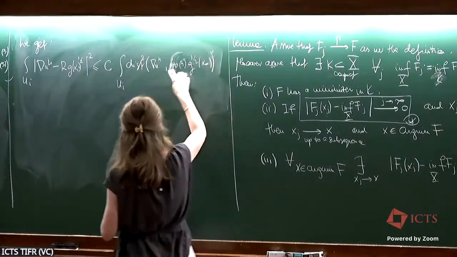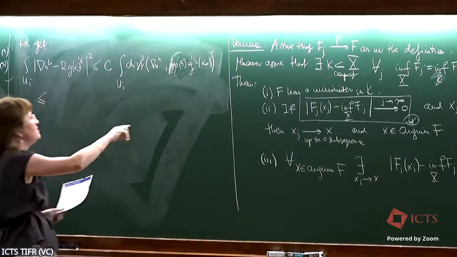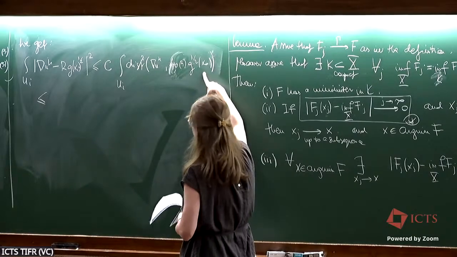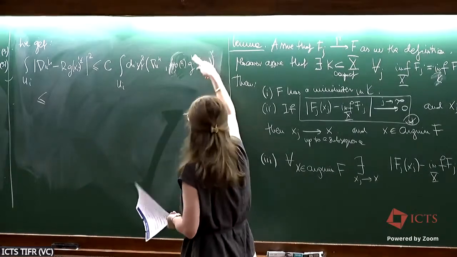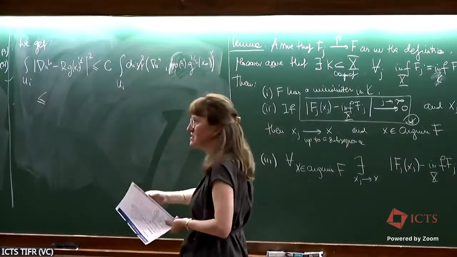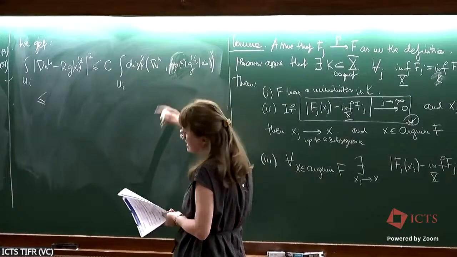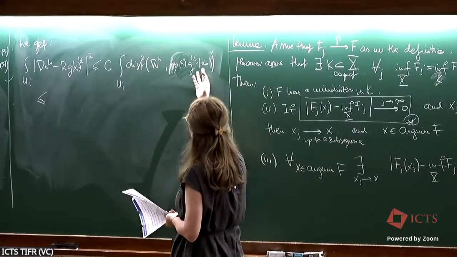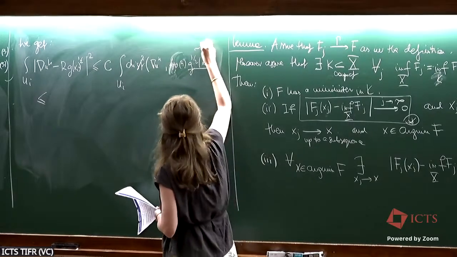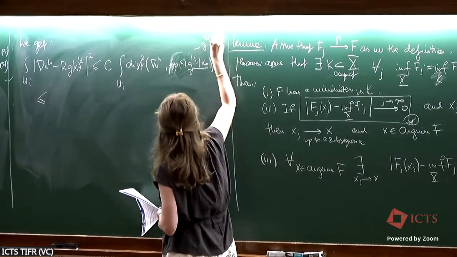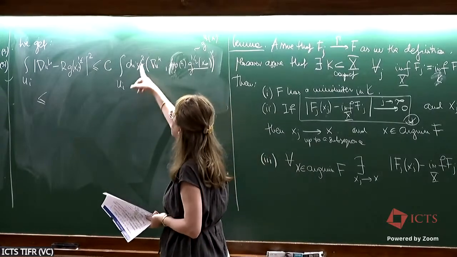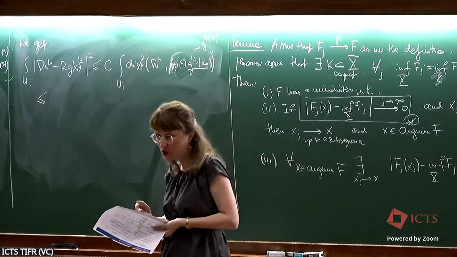Now I can replace this g to the minus 1/2 at x0 by g to the minus 1/2 at x, because g is a smooth metric, a smooth function, so it has some Lipschitz constant. On ui, this differs from g to the minus 1/2 of x only by the length scale h, and here I have a square, so I will have h to the power 2.